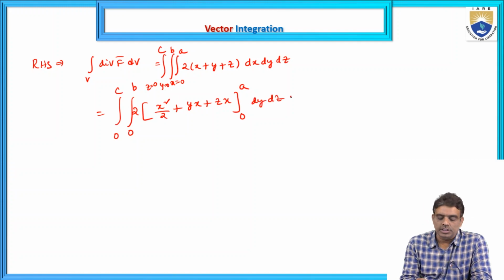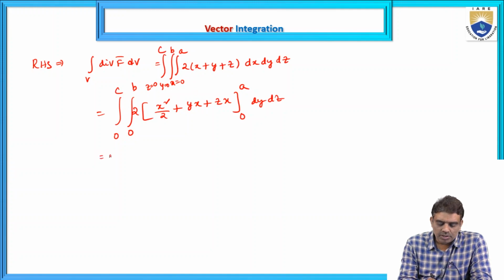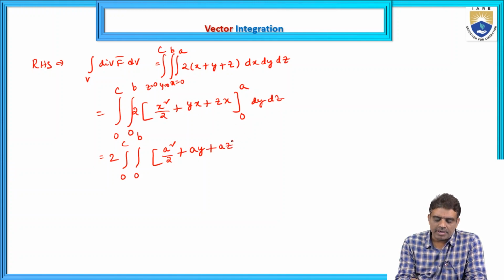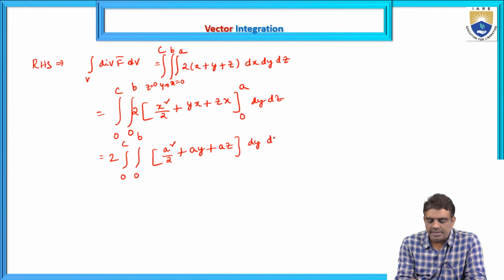Integration with respect to x is over. The value is 2 constant, x square by 2 plus yx plus zx. Now on substituting the limits, integral 0 to c, integral 0 to b, a square by 2 plus a into y. Instead of x I am substituting a, and this is az, and lower limits are all 0, of dy into dz.